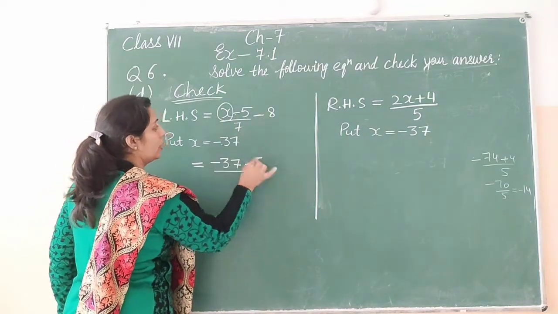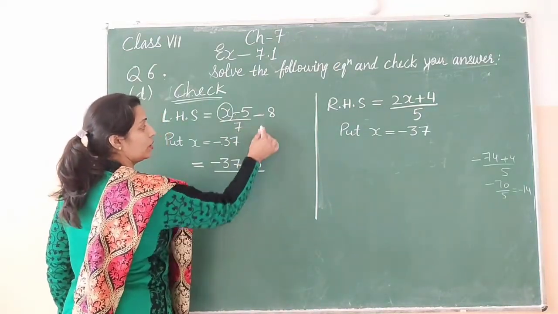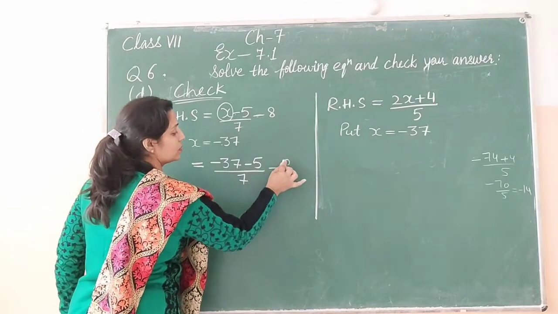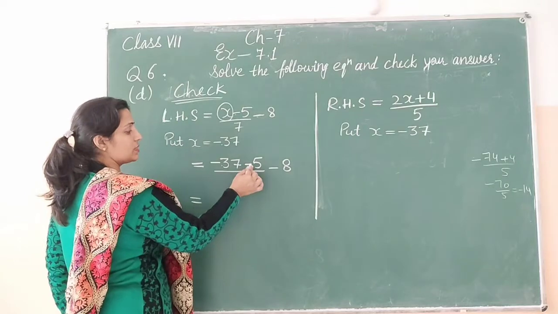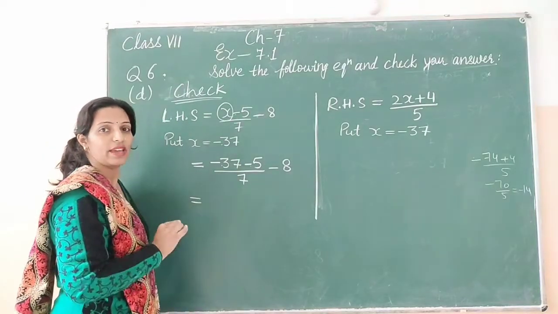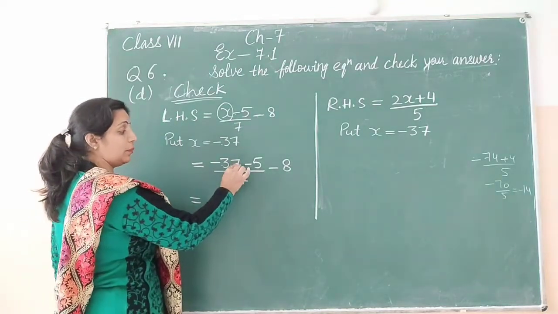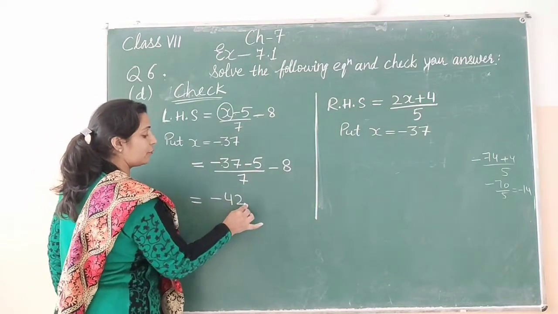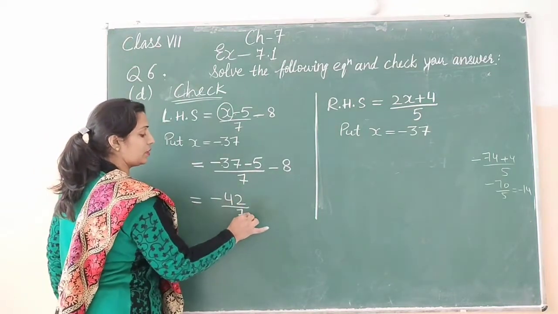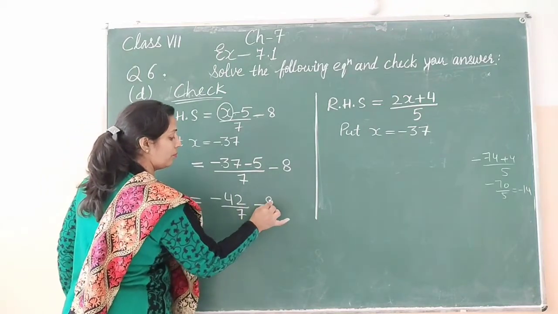minus 5 divided by 7, and the next term is negative 8. Now negative 37, negative 5, both are having same sign. So these will be added and same sign will be there. Negative 42 by 7 minus 8.